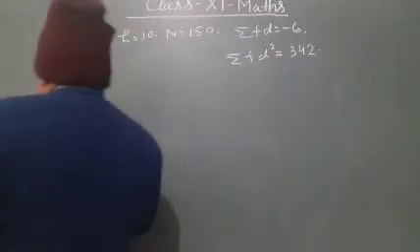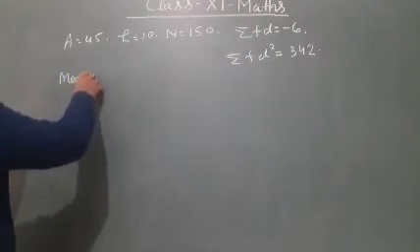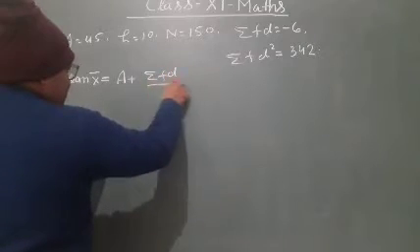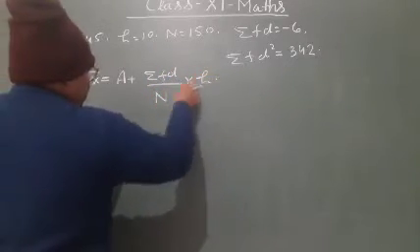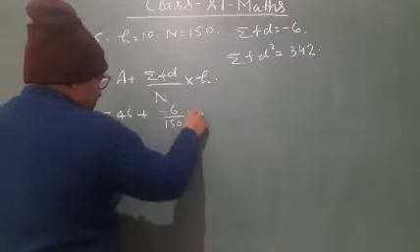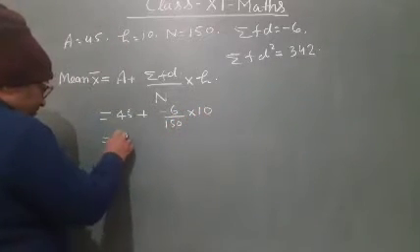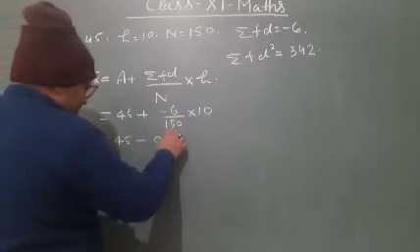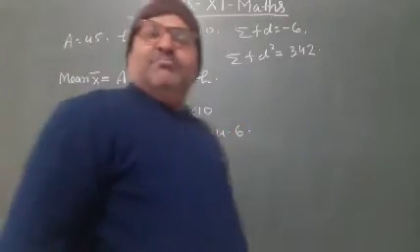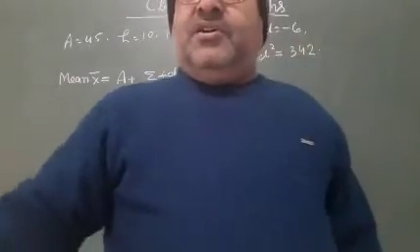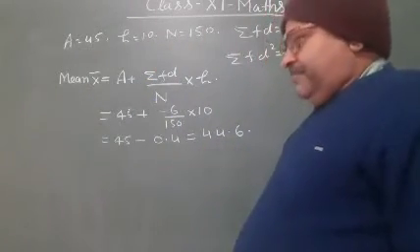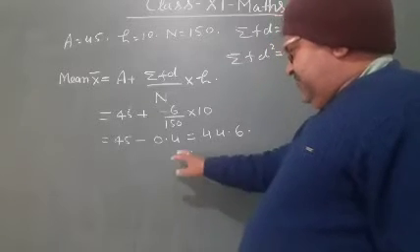Then we find the mean: x bar equal to a plus sigma fd upon n into h, that's equal to 45 minus 6 upon 150 into 10, that's equal to 45 minus 0.4, that's equal to 44.6. This is the mean of the given data.